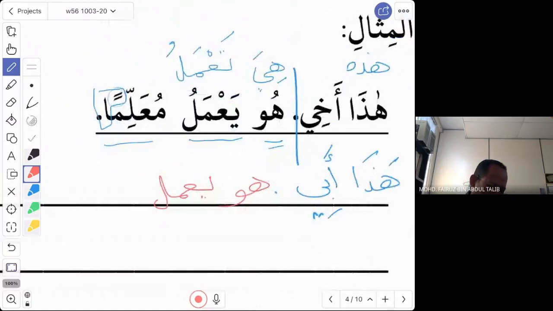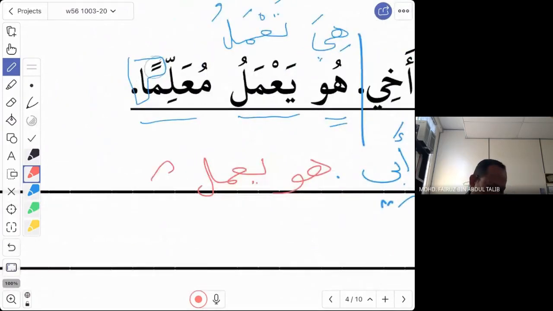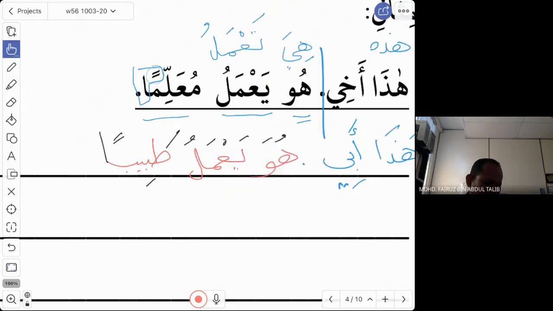Tabib, okay. Huwa ya'mal tabib. So we take the word tabib, but since this is as a tabib, then you have to add the tanwin at the end. Tabiban. Huwa ya'malu tabiban. Now, good. So this is the first sentence.